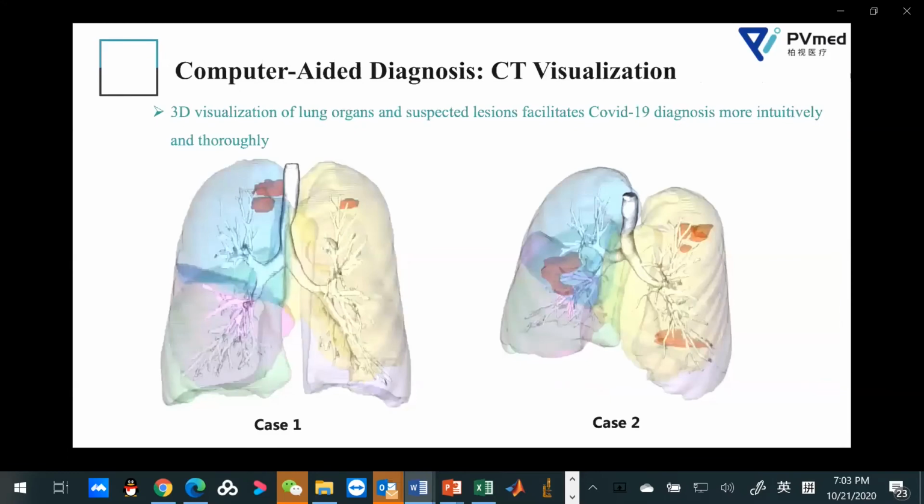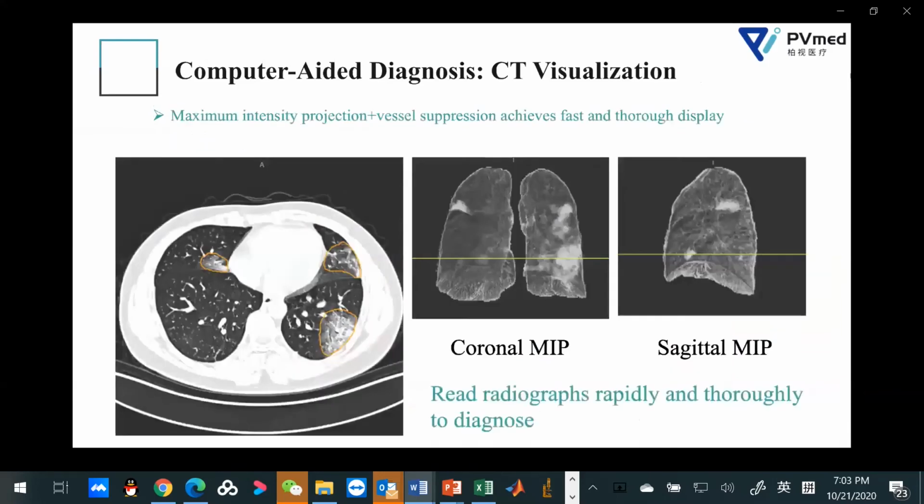For example, with three-dimensional rendering and visualization technologies, the lung organs and lesions can be presented more intuitively and clearly. It helps the NCIP diagnosis more intuitively and thoroughly. We employed MIP and vessel suppression for NCIP CT. The arrangement and distribution of lesions can be clearly presented. The limitations and shortcomings of slice-by-slice reading can be remedied.